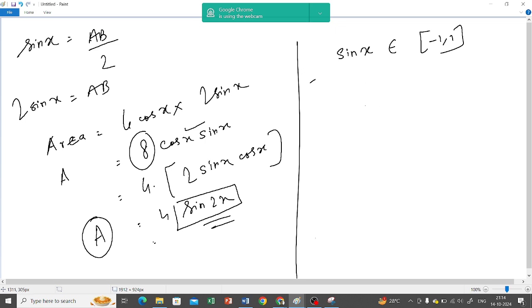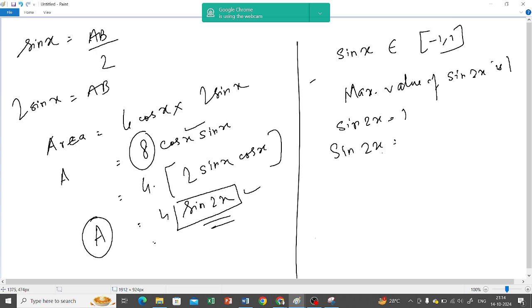That means the maximum value of sine 2x is what? 1. So sine 2x is equal to 1. Now can you tell me which angle of sine gives me 1?